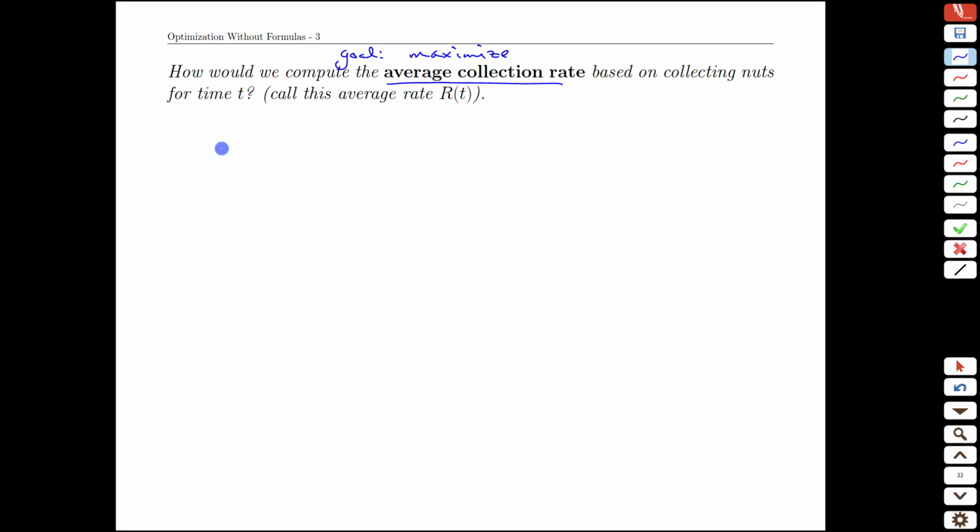We can call this rate R of t, and it is going to be the amount collected divided by the time. Because of the way the information was presented, this is really the amount collected per trip divided by the time per trip.